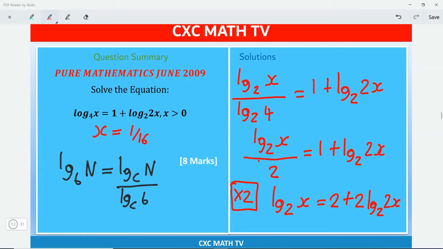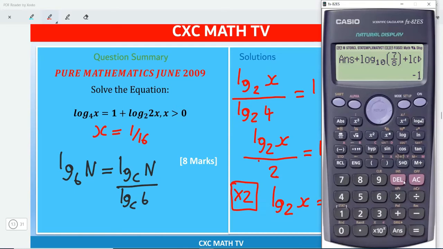Now again, when you're doing log equations, make sure that you check it in your calculator to see if it is true. Log base 4 of 1 over 16 is giving us, on our left-hand side, -2. So when x is 1 over 16, over here is -2.